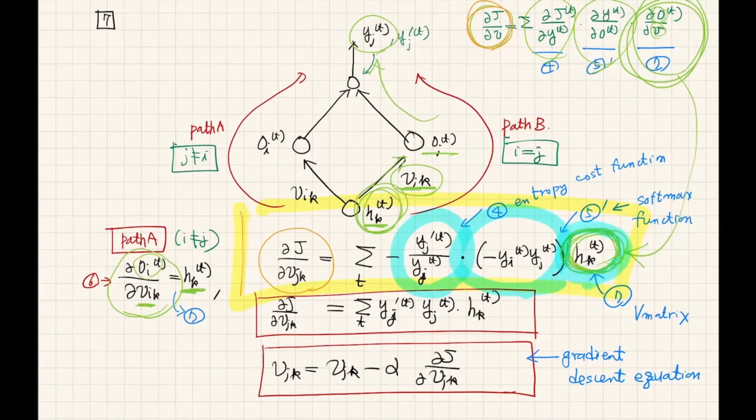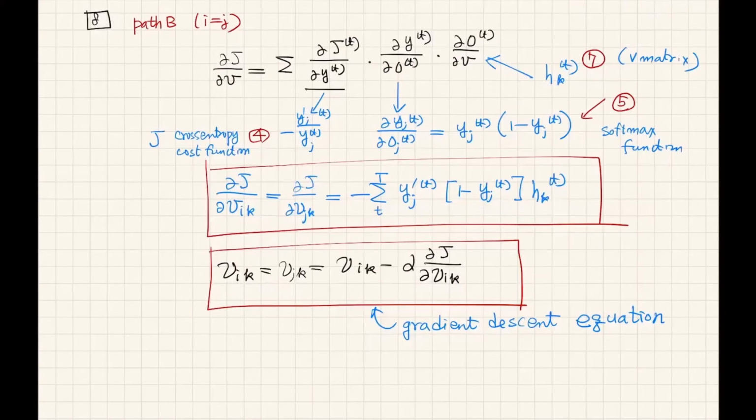The third term is the derivative of the output function. If we plug them in, we can obtain this total equation. This equation is the conclusion of the first part of my lecture today.